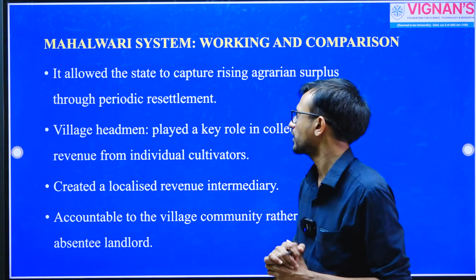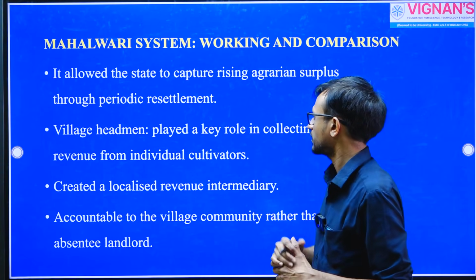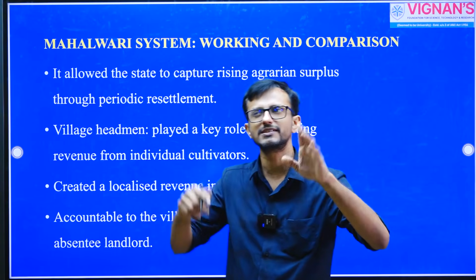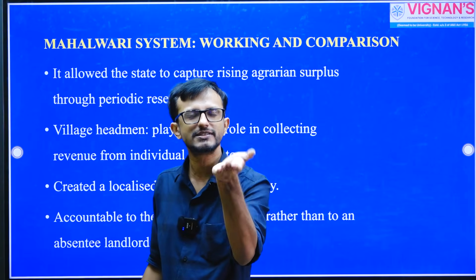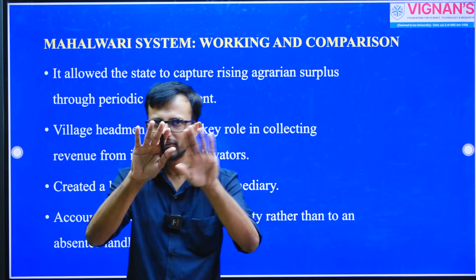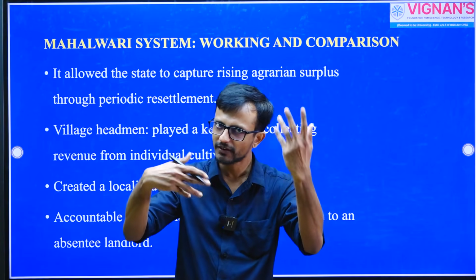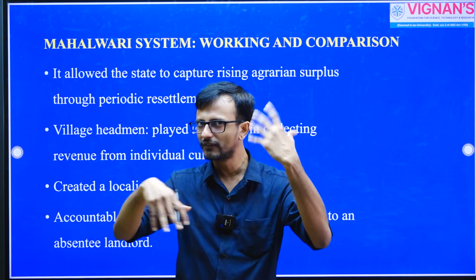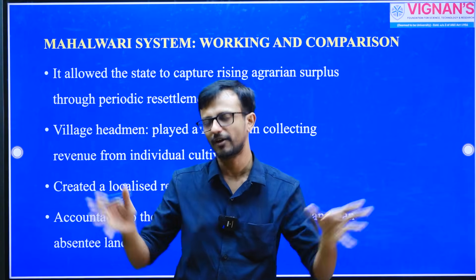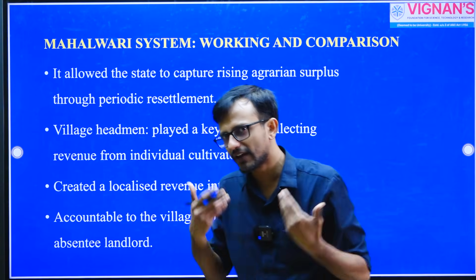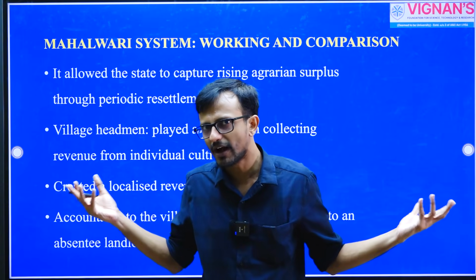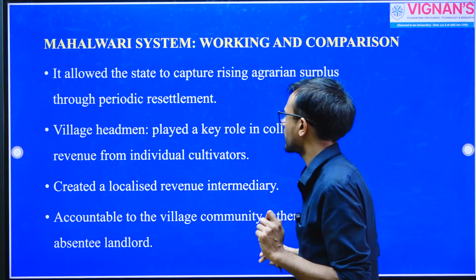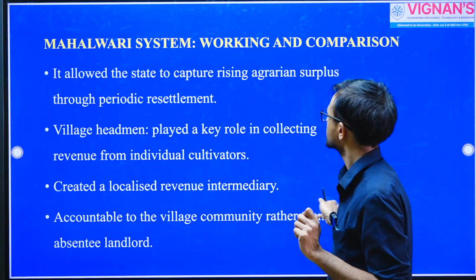He's playing a key role in collecting revenue, and again the land is being surveyed and periodically revised. It's not like the permanent settlement. It is somewhat similar to Ryotwari in that land revenue is not fixed permanently. Land is surveyed, and the land revenue changes occasionally based on productivity, soil fertility, weather conditions, etc. So again you see lots of surveyors surveying the lands in Punjab to assess the revenue patterns, but the village headman will be the one collecting the revenue and giving it to the state.